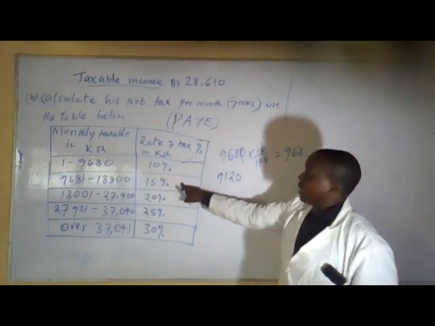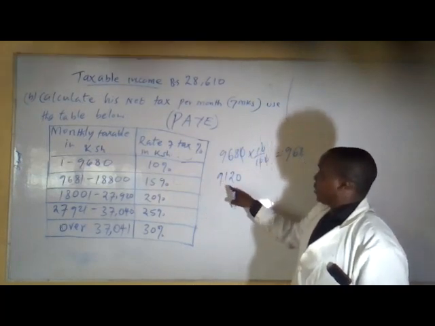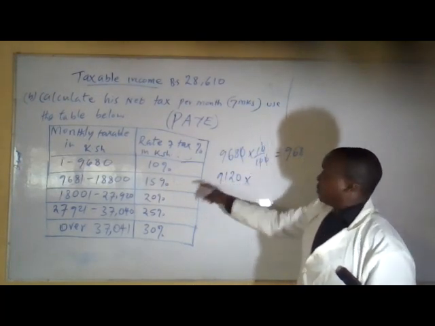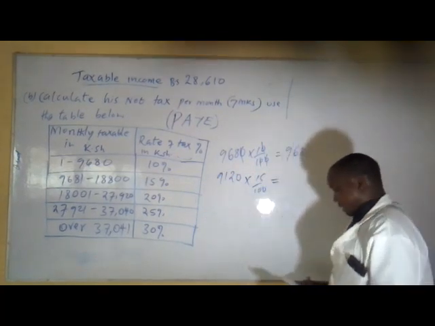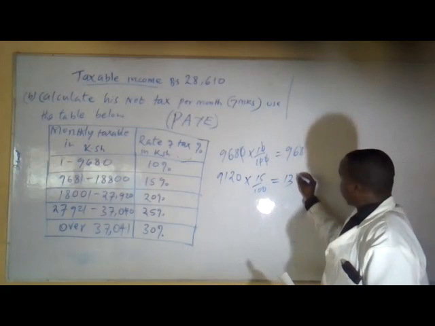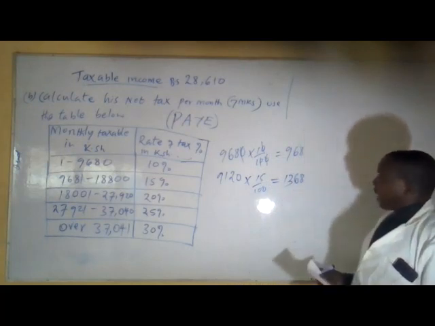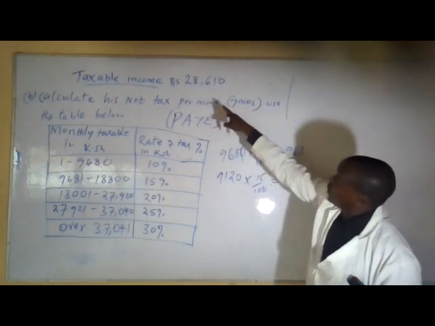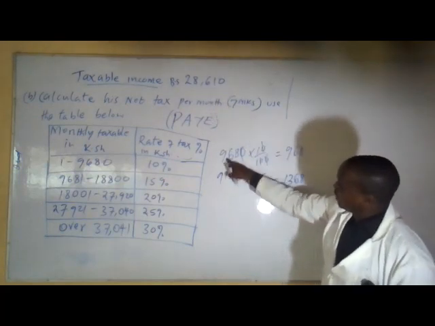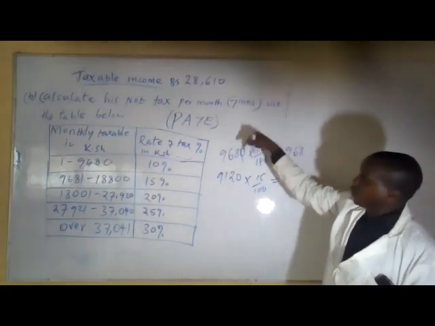So for the next band or slab, we use 9,120 times 15 over 100, and this will give us 1,368. Remember, our taxable income is 28,610. If you add this plus this, they have not added up to our amount, so we continue.